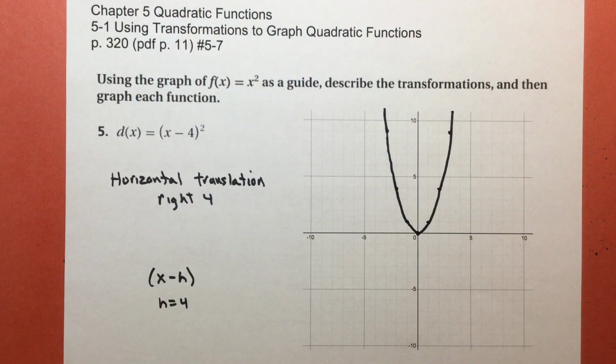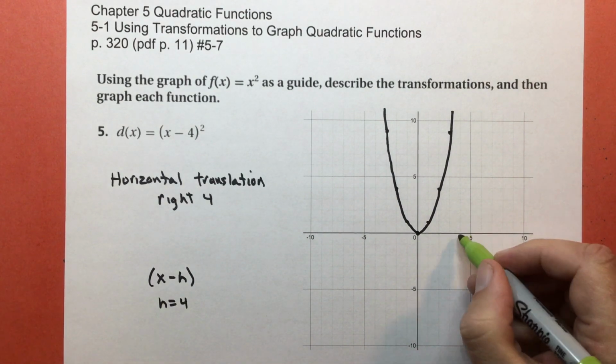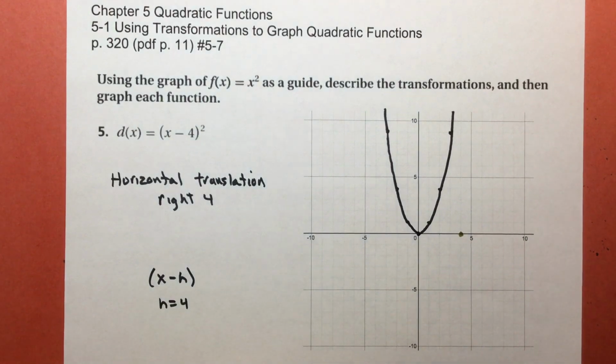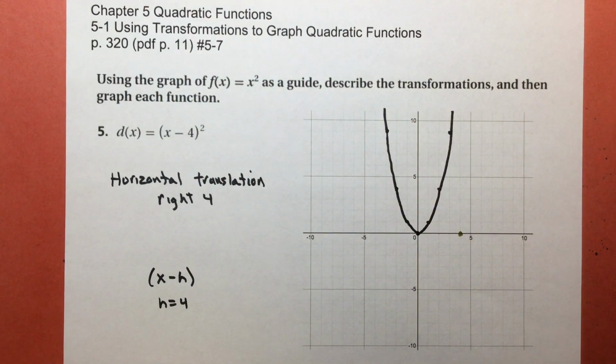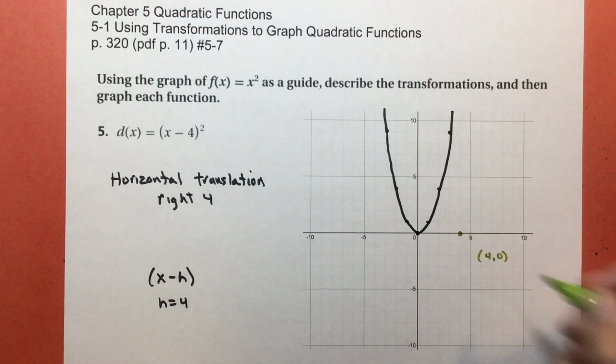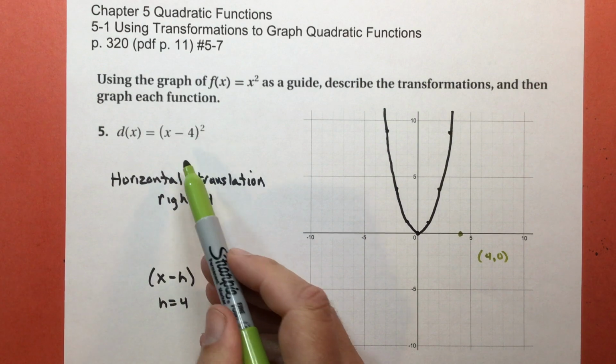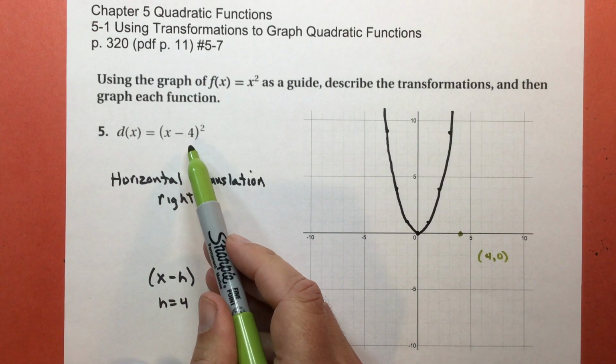I'm going to translate everything to the right 4 spaces. So my vertex is going to go right 4 spaces. 1, 2, 3, 4. My new vertex is right here at 4, 0. By the way, this is vertex form, just connecting this with what we already know.